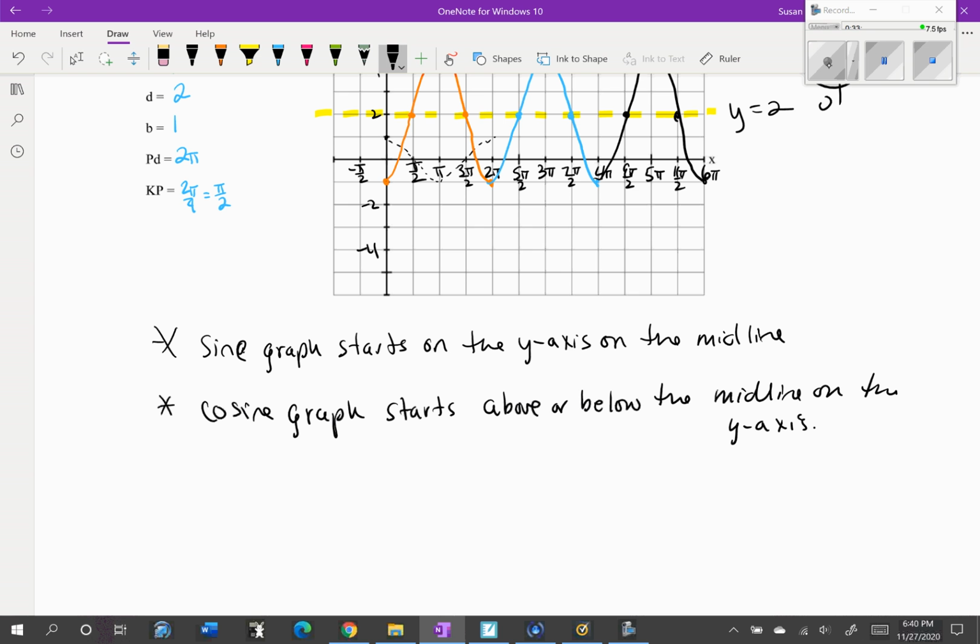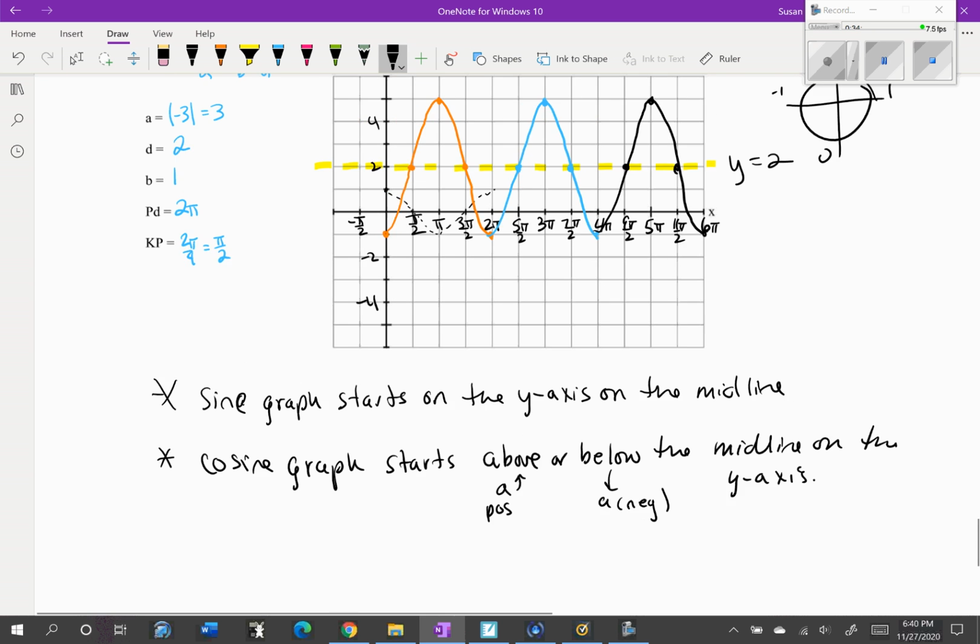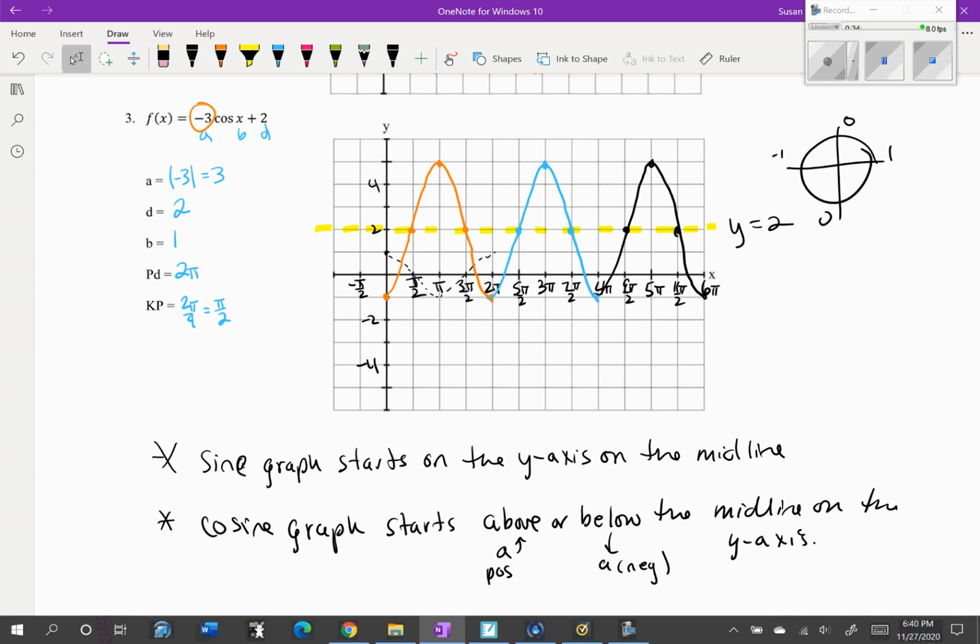So of course, if your A value is positive, we start above. If the A value is negative, it starts below, just like this last graph that we have. And that is it for this lesson.